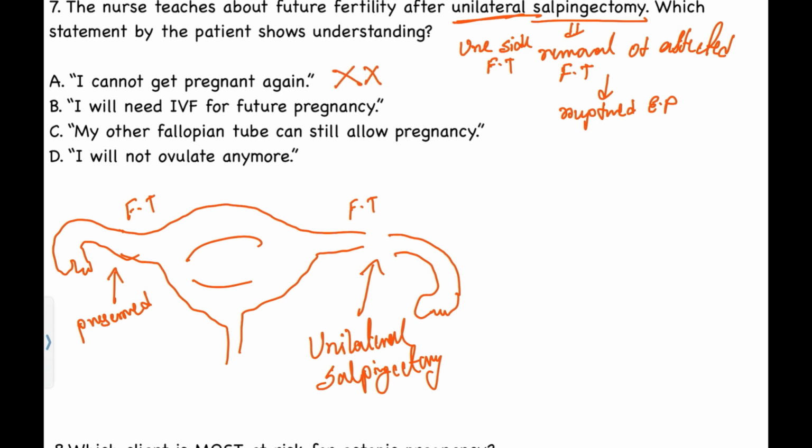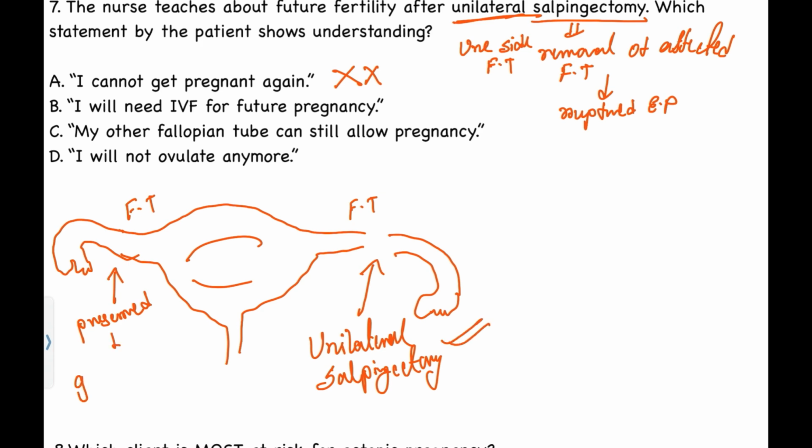Now coming to the next option. I will need IVF for future pregnancy. IVF means in vitro fertilization. The mother is saying I will need IVF for future pregnancy. That indicates that here also the mother did not understand the concept of unilateral salpingectomy, because you did the salpingectomy of only one fallopian tube.